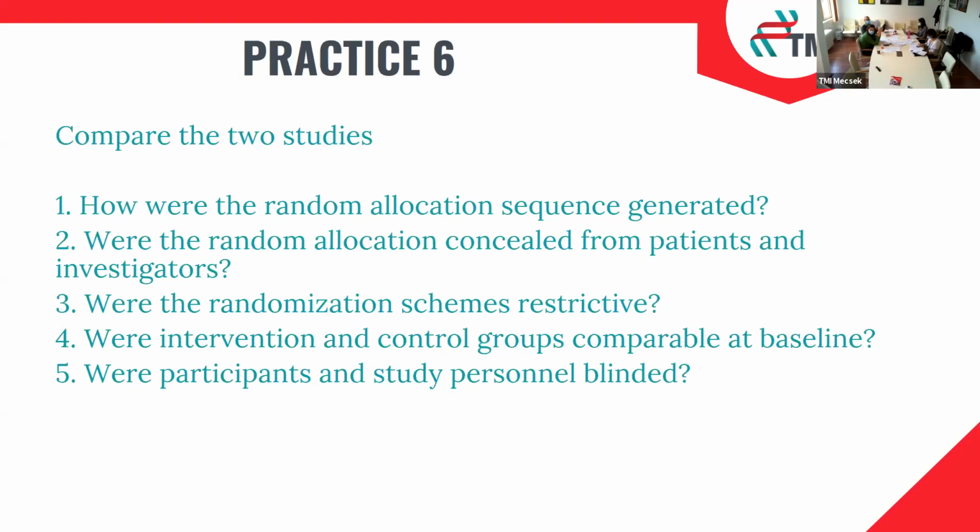Comparing these two, we think that in the PLACID study, the randomization sequence was more correct because they used an independent biostatistician, while in the other one, there could have been anyone else involved in the study who did the randomization, which is not very correct.